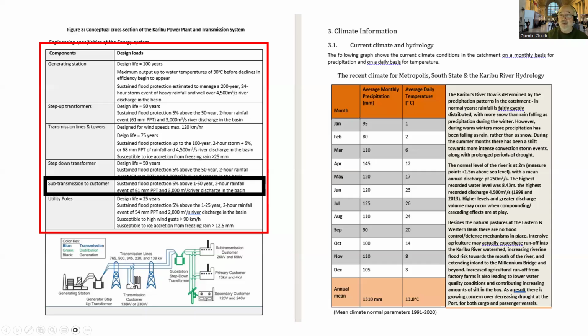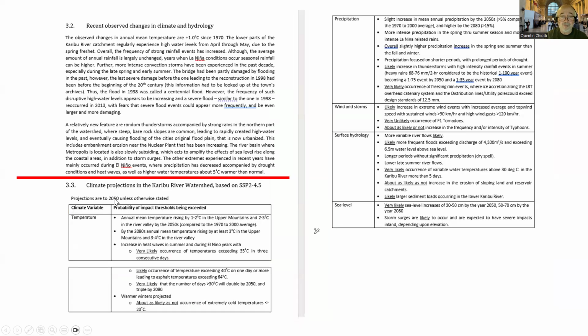Is there a difference between the company generating the power and the company distributing and transmitting the power? So that one wasn't included in the original list, and I just said, okay, there's sub-transmission to customer, although it's there in that table, not necessarily one we got to worry about in our list of assets.